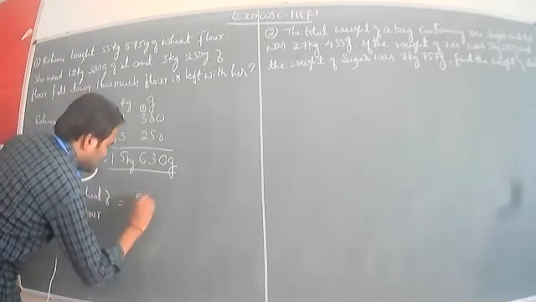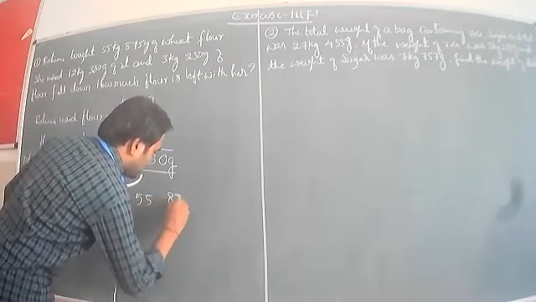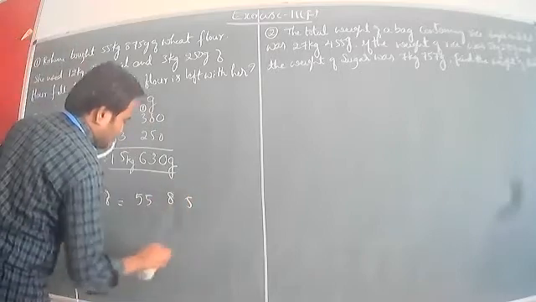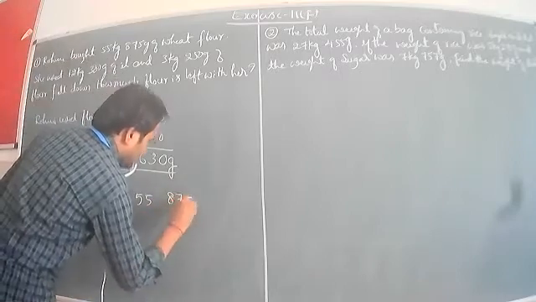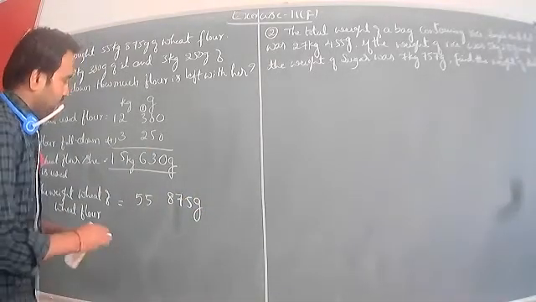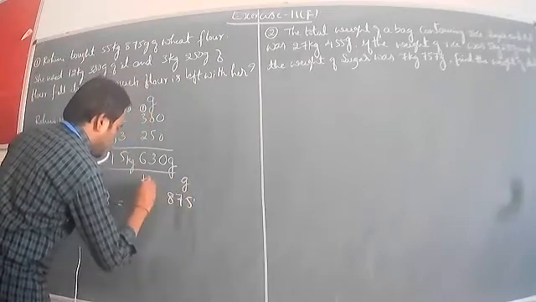How much did she purchase? 55 kg 875 grams of wheat flour she purchased. It is gram, it is kg.